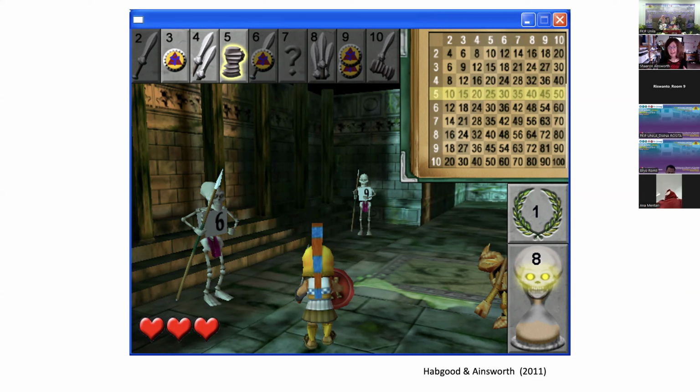So we designed a game. And in the game, there's this hero called Matrices. And Matrices wanders a dungeon where he's been imprisoned, and he has to fight these zombie skeletons that are coming towards him. Now, you all know, because you're an adult, that if you try and divide 6 by 5, you will not get a whole number.